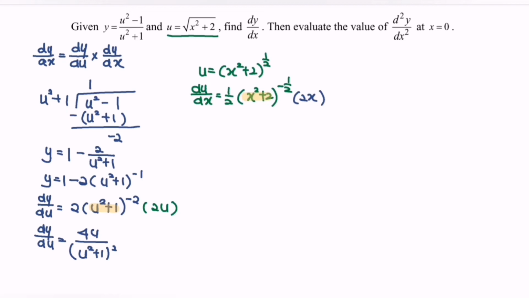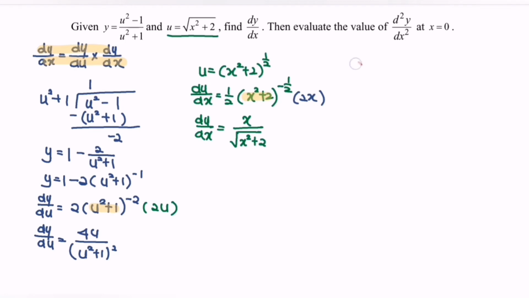Next, simplify: du/dx equals x over the square root of x squared plus 2. Next we are going to multiply both of them, or substitute into the chain rule formula.